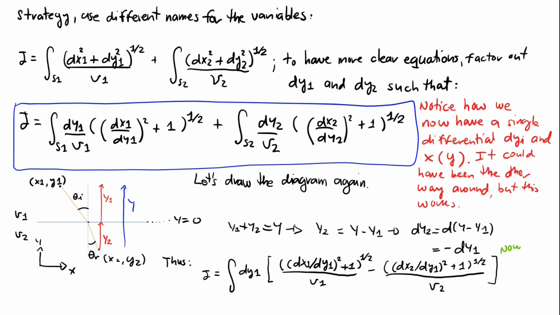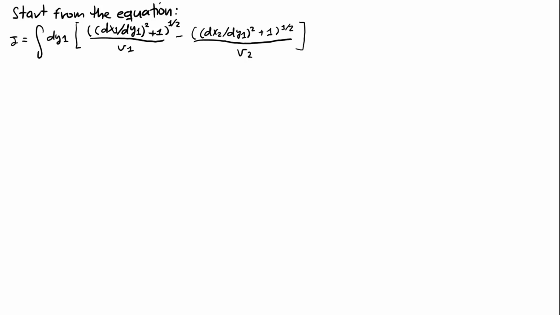Now we can extremize, that is, minimize, in this case. To extremize, we will start by noticing that there are two functionals, the derivative of x1 with respect to y1 and the derivative of x2 with respect to y1. Thus, the function to optimize is given in terms of y1, the two functionals x1 and x2 of y, and the derivatives of the functionals with respect to y1.